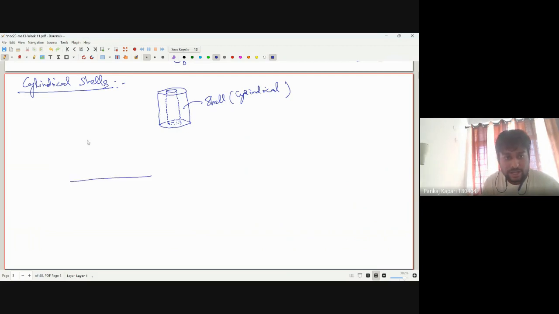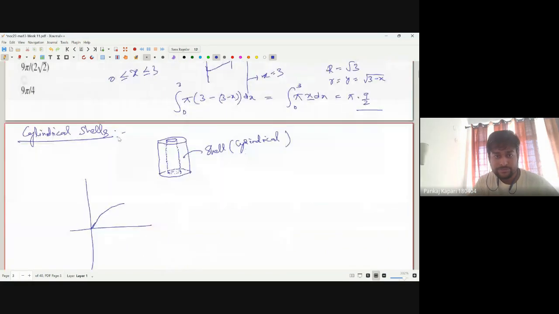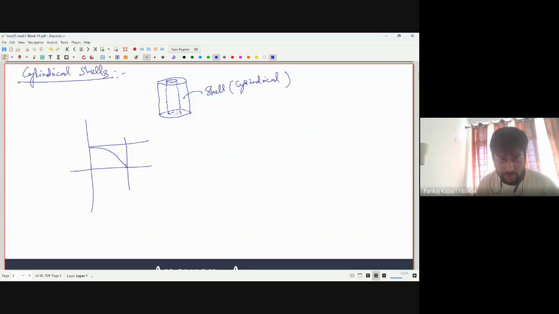Like in this particular case, in our given example, we had this parabola, and then these were two lines, and we are revolving about the x-axis, right? About this axis, we are revolving this particular region.